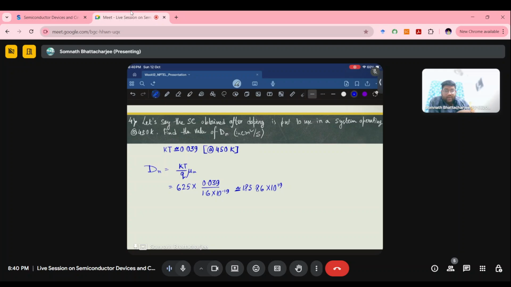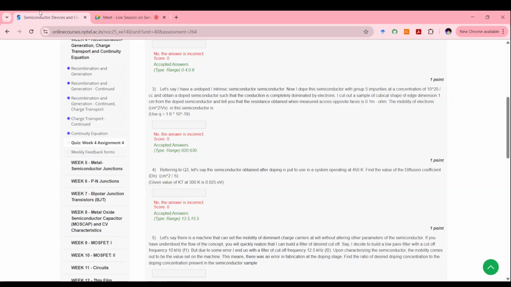Let's write it down like this. So what was the answer? The answer was 13.5 to 15.5. Why is it like that?